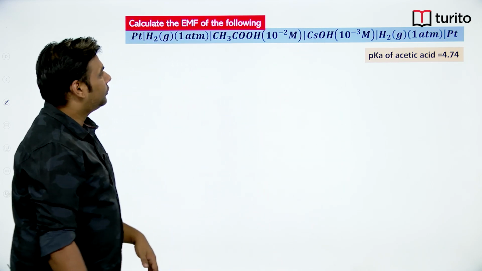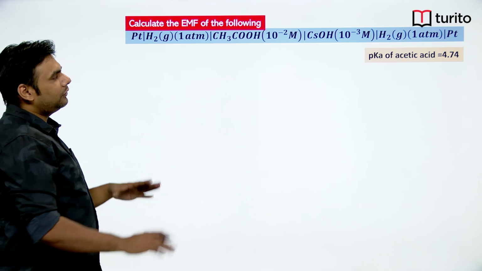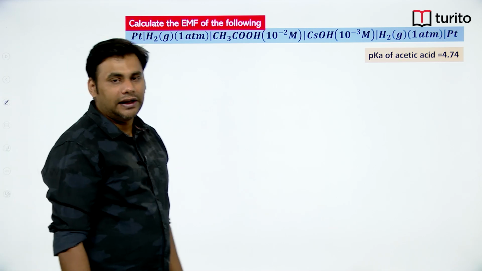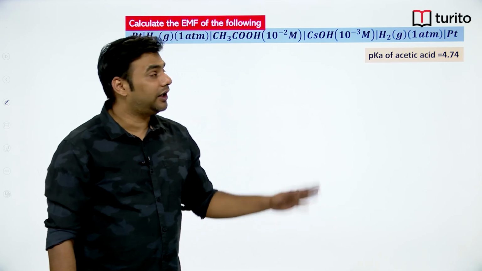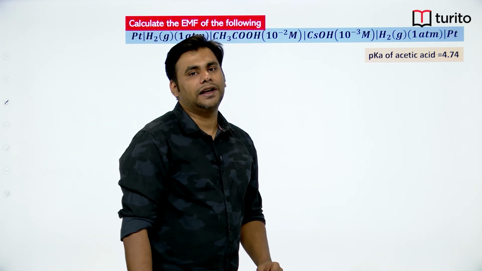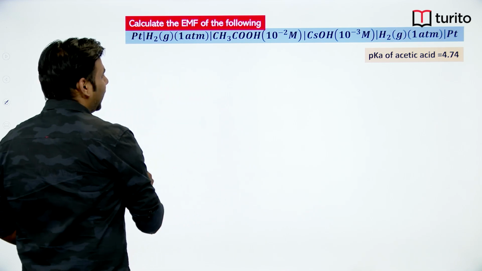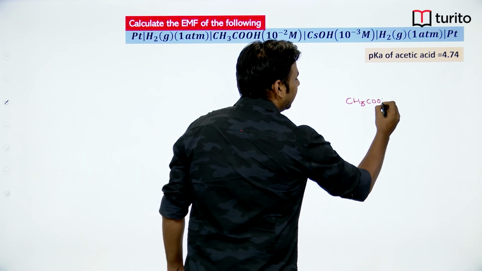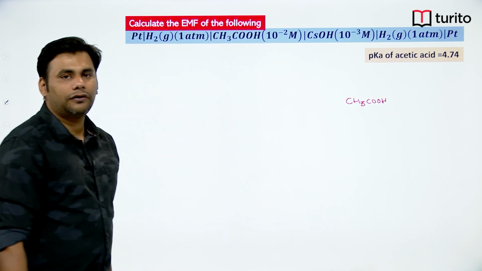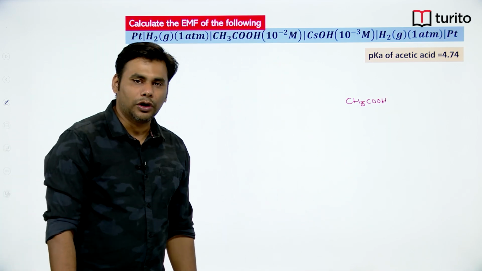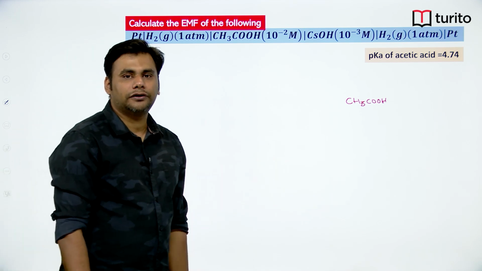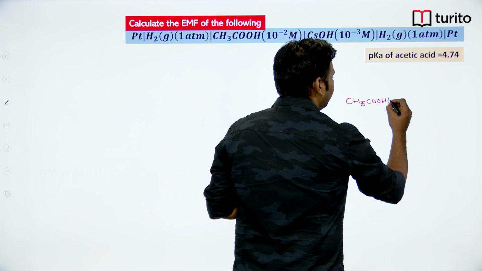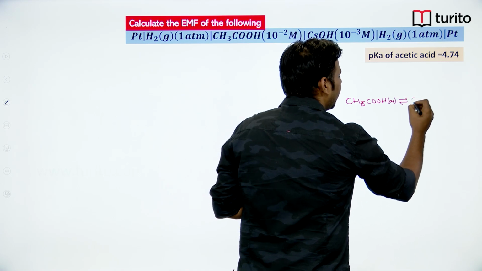Now if you look at the question that was before, the electrolytes that were taken were strong electrolytes, but acetic acid is a weak electrolyte. So we know that acetic acid would not dissociate completely. So if the concentration of acetic acid is 10⁻² molar, the H plus concentration won't be 10⁻² molar, because it is a weak electrolyte.